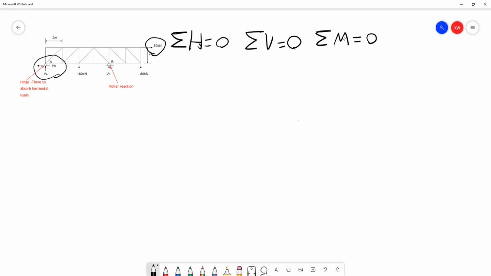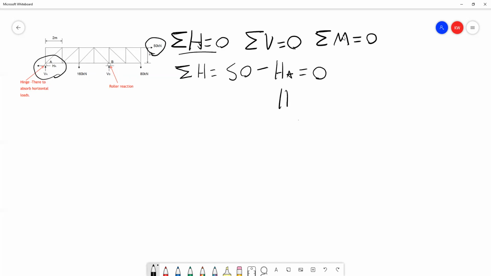And that is the case. But for completeness, and because this approach will be applied in more complicated examples, let's state this. So what we say is that sigma H is equal to 50 acting to the right minus HA acting to the left. And this, of course, from our equations of equilibrium, is equal to 0.